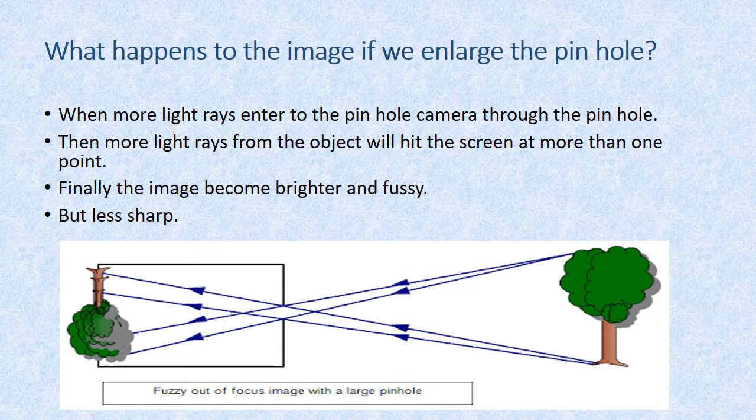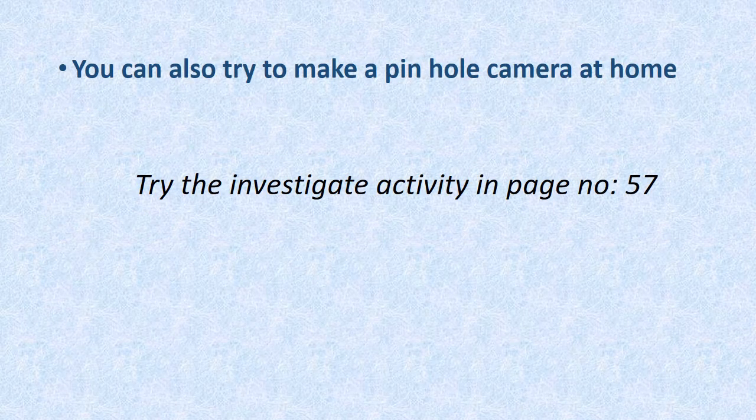Then finally the image becomes bright and fuzzy, but a less sharp image. Okay, so now you can also try to make a pinhole camera at home. Try the investigate activity on page number 57, and experience what is happening inside the pinhole camera.